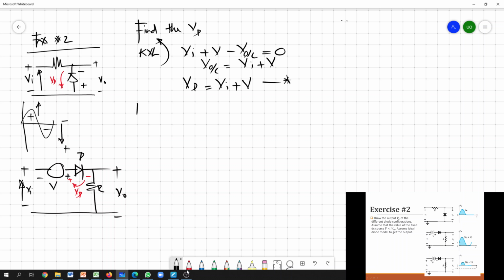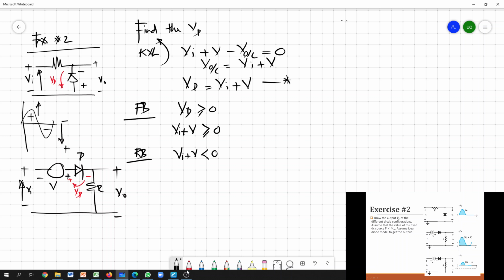So to make this diode forward bias, we know that if it is an ideal diode, this should be greater than 0. So by looking at this, we can claim that your input plus V should be greater than or equal to 0 to make it forward bias. To make it reverse bias, Vi plus V should be less than 0.